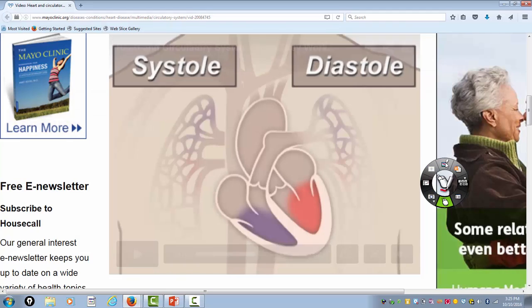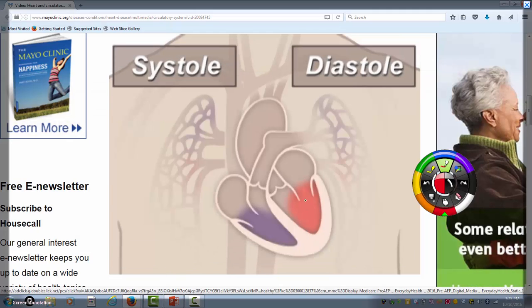Because you added more blood back to the left side of the heart and it was damaged, there's more blood in that left ventricle, but it's contracting weaker because it got overstretched. So the stroke volume is going to go down, their systolic blood pressure is going to go down, and the amount of blood left over in that left ventricle is going to increase.